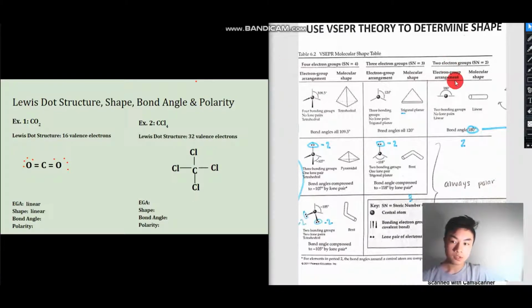So the shape is just going to have to be linear as well because that's the only thing that's left for the linear EGA. The bond angle over here is 180 degrees. And its polarity, since it is a linear shape, is going to be nonpolar.